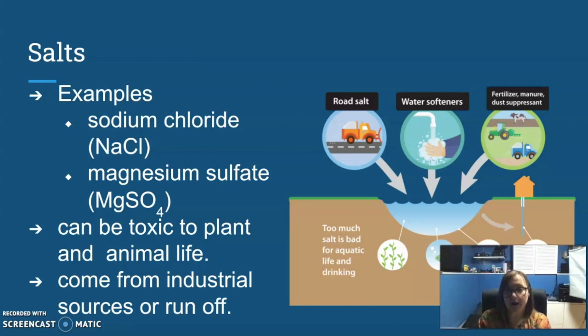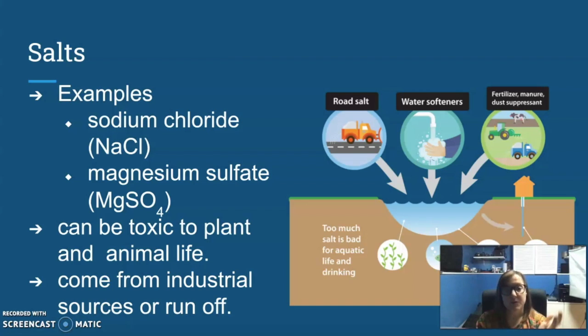Salts as well can be a problem, especially when you live in a place like Canada and it snows and we need to salt the roads. We do that so that we can save human life and drive safely in the winter and not have as many car accidents.